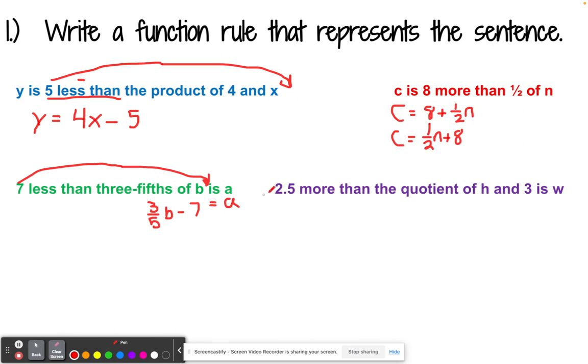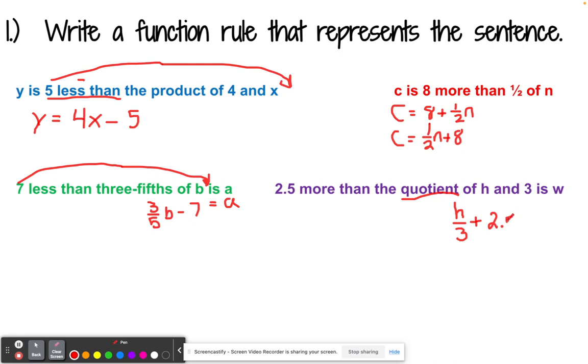And my last example, 2.4 more than the quotient of h and 3. Quotient, that's division. So the quotient of h and 3 can be h over 3. Just like I said before, I could do 2.5 plus this, but I like to get in the habit of having my numbers, my constants at the end, my variable in the front.